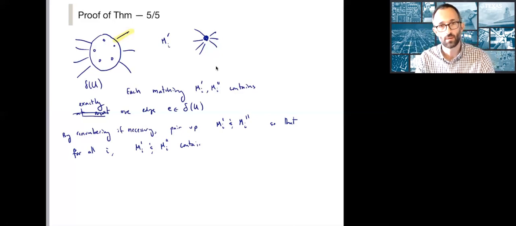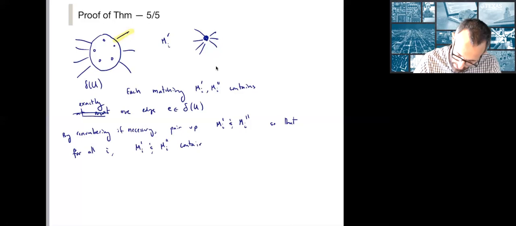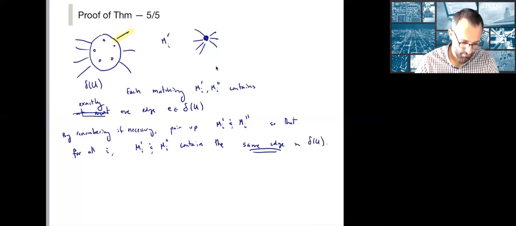M1 dash and M1 double dash contain the same edge, M2 dash and M2 double dash, M3 dash and M3 double dash, so that they contain the same edge in delta of U.